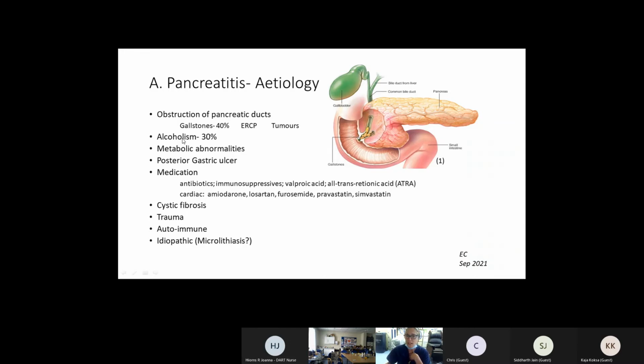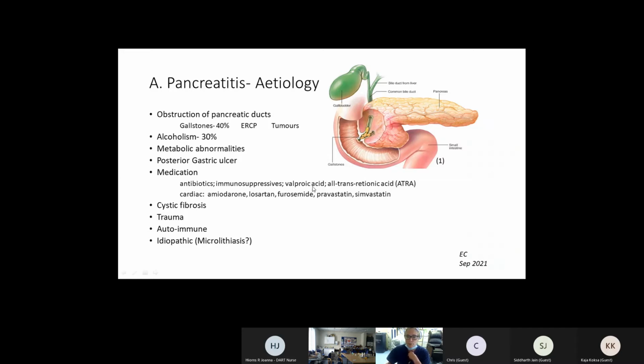Alcoholism is another big cause for pancreatitis, and we'll come back to this later. Then there are a myriad of other causes that you can see here, like metabolic abnormalities. If there's a perforated gastric ulcer, we've seen that the stomach is very closely related to the pancreas. If it perforates, it can damage the pancreas and release its secretions where they shouldn't be.